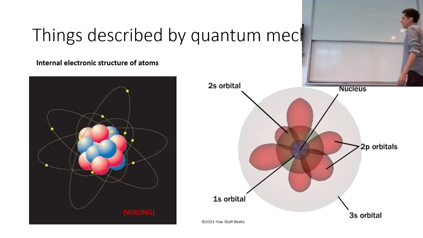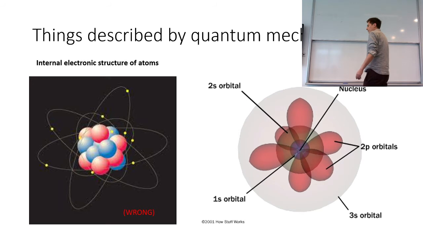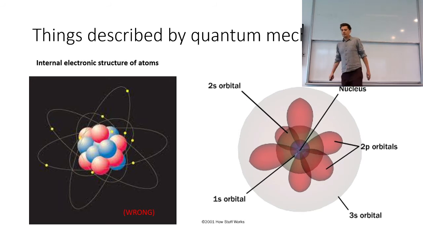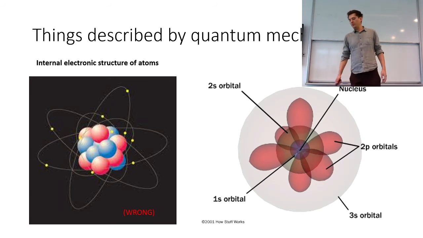So quantum computers are still not at that stage. These are just possible systems that could be used to make a quantum computer.